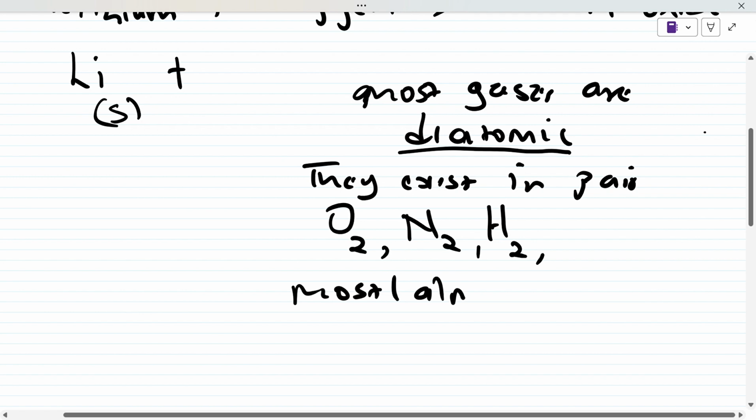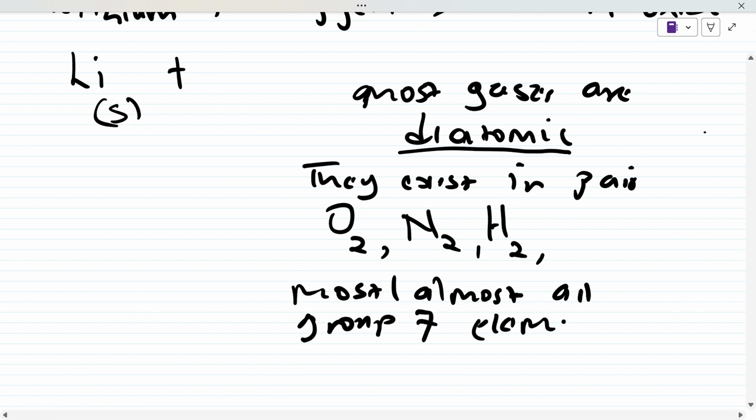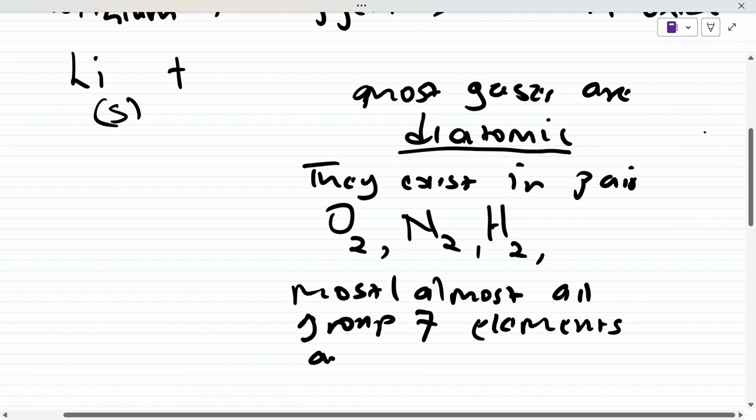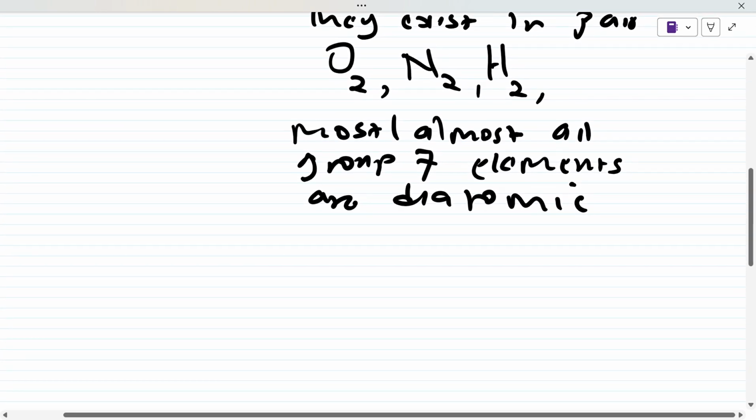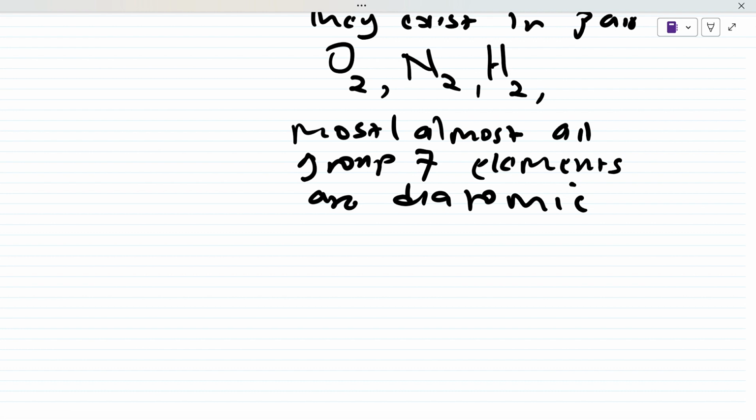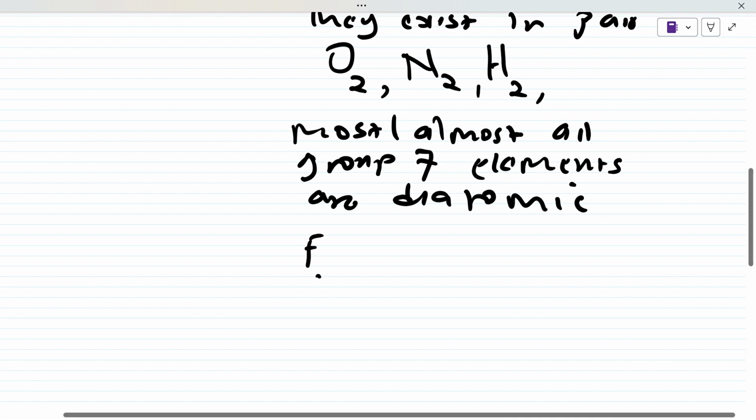Now, the next thing that I also wanted to you to understand is that almost all group 7 elements are diatomic. Through the analysis of the periodic table, you'll understand that group 7 elements are elements which have 7 electrons in their outermost shell, and there I'm having fluorine, chlorine, bromine, iodine.